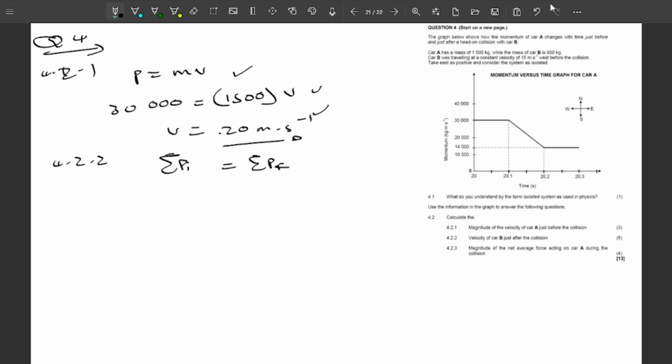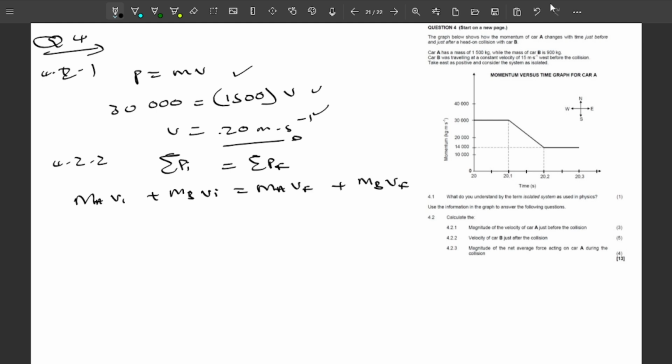Did they move together? No, they didn't move together. They would have told us if they collided and moved in the same direction, or became one system. Since it's not that case, we say mass of car A times V initial plus mass of car B times V initial equals mass of car A times V final plus mass of car B times V final.